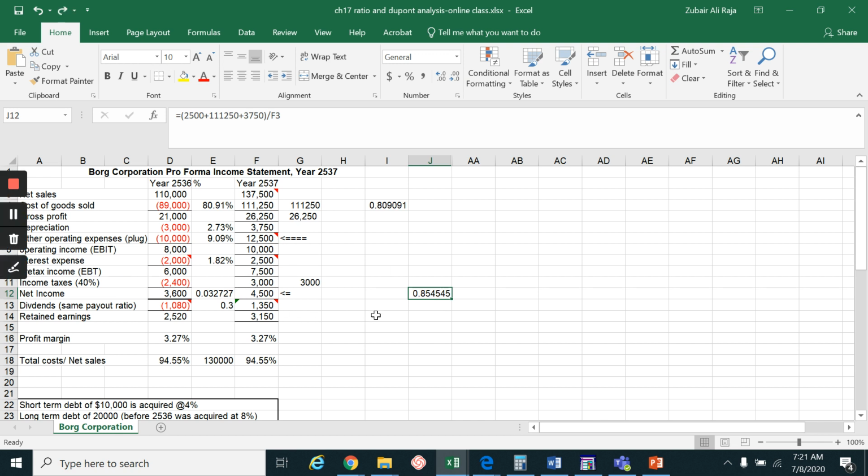Yes, you're right. That element is the other operating expense, and this is the plug variable. We want this ratio to remain at 94.55%, but we have 85.45%. So we need to plug in such a number for the other operating expense that once we plug that number, this number becomes 0.9454.